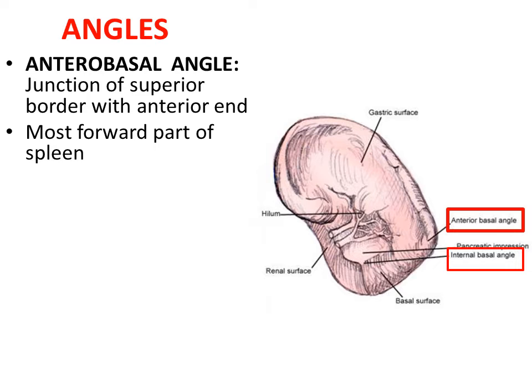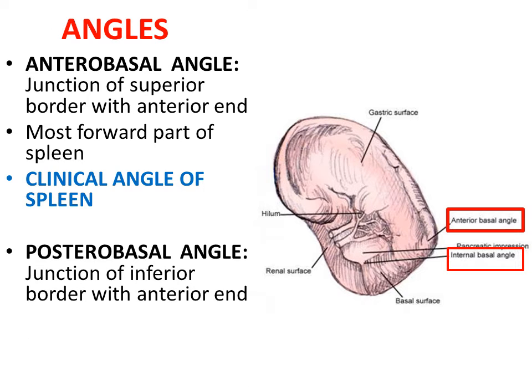Now when the spleen is enlarged, this is the angle which is felt first, so it is also known as clinical angle of spleen. Right? Now another angle is the posterobasal angle, which lies at the junction of this anterior end with the inferior border. Over here, this is posterobasal angle.